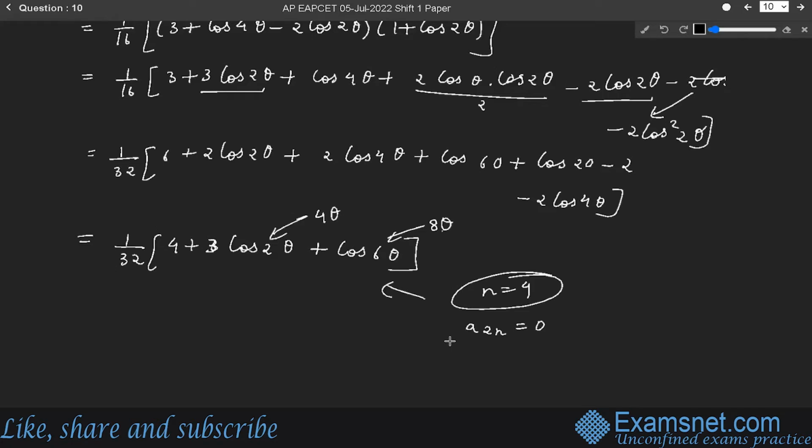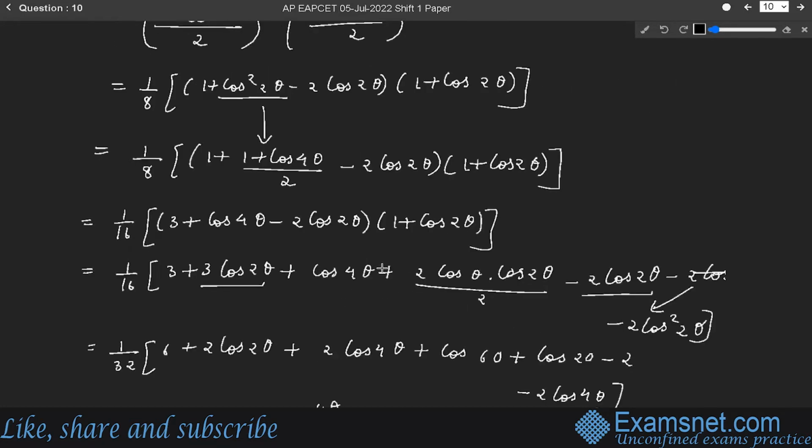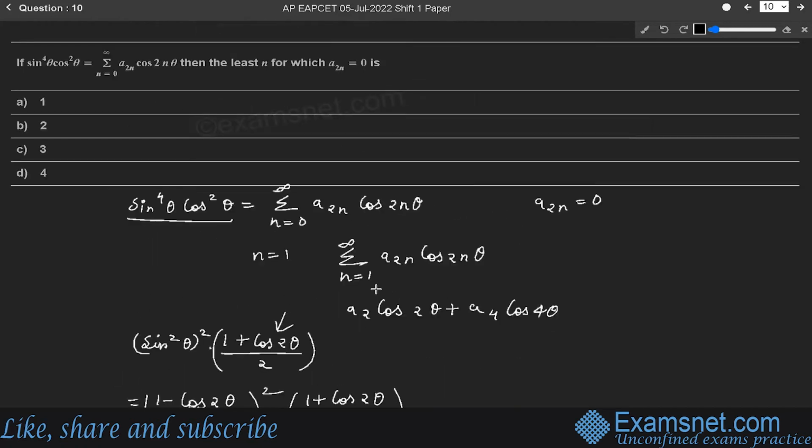We can say that in 1 by 32 into 4 plus 3 cos 2θ plus cos 6θ, the last term cos 6θ will be cos 8θ when n is equal to 4. Therefore, the required value for n here is 4. It is the least value of n. So option D is the correct option for this question.